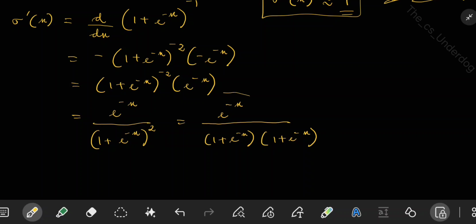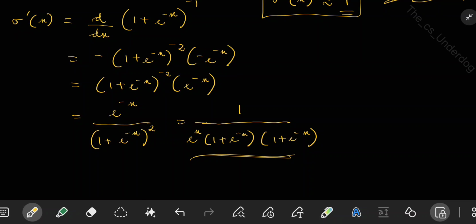Again, if I have e power minus x here, I can also write it as 1 by e power x, which means I can take this e power x down. Here I can take it. So then it becomes 1 by e power x into 1 plus e raised to minus x into 1 plus e raised to minus x.